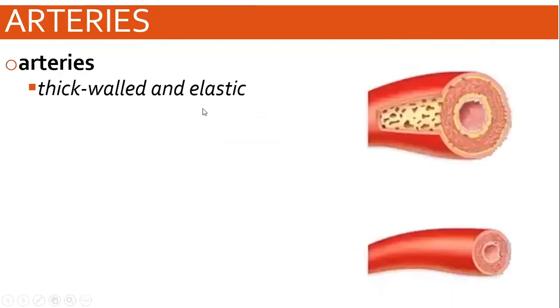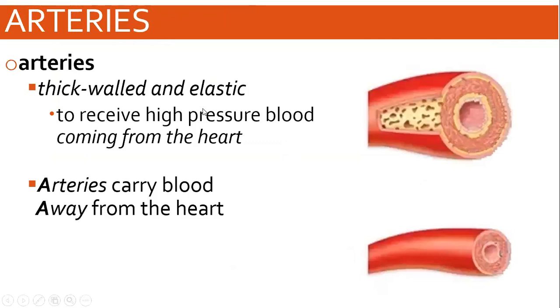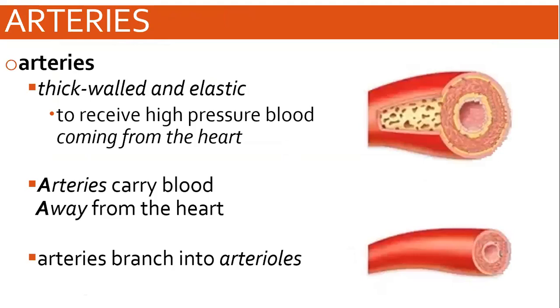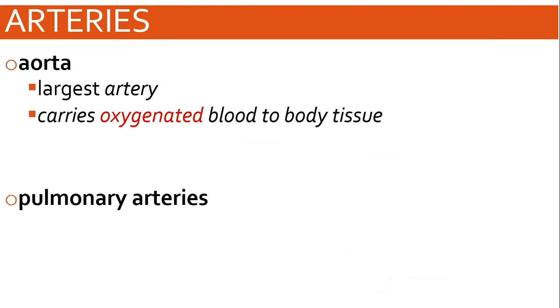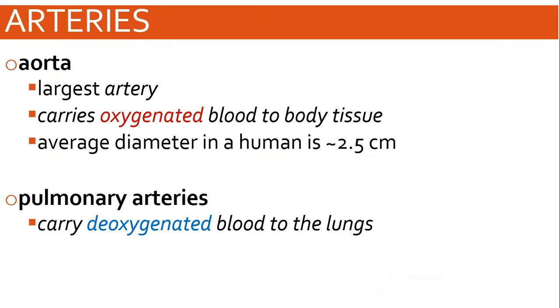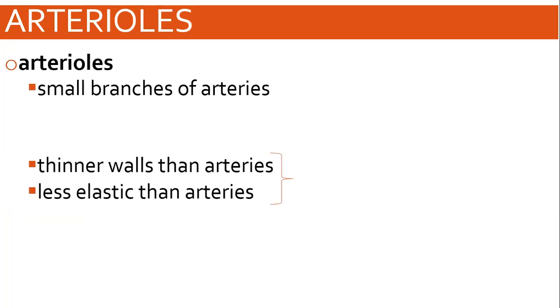All right, arteries: thick-walled and elastic for high pressure blood, carrying blood away from the heart. Arteries branch into arterioles, okay? The aorta is the largest artery, carrying oxygenated blood to body tissue, and pulmonary arteries carry deoxygenated blood to the lungs. Still high pressure because it's leaving the heart, it's just not as high pressure.